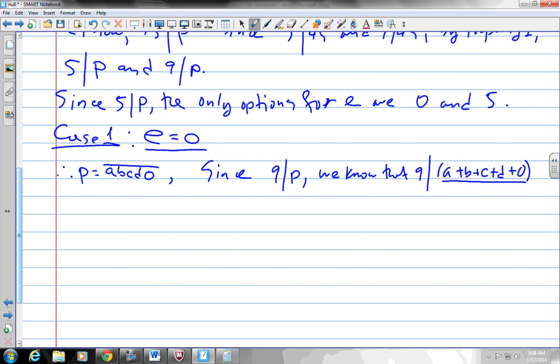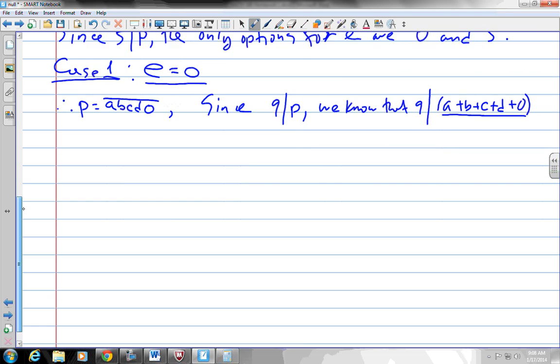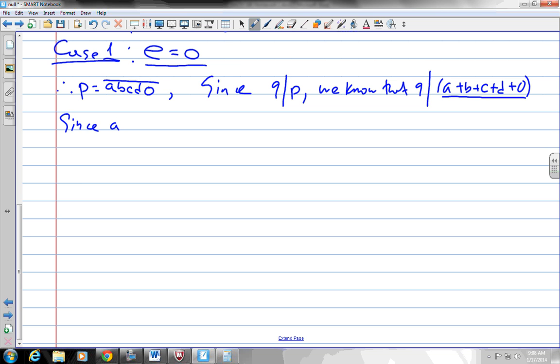So I can actually say that since A, B, C, D are consecutive, that means that our digits are, I can say that B equals A plus 1, because B is the next number from A. Then I can say that C is A plus 2, and D is A plus 3.